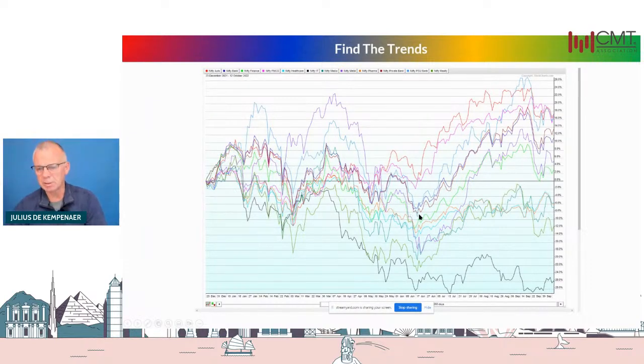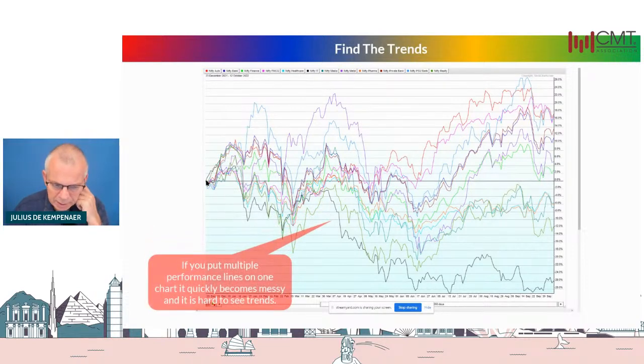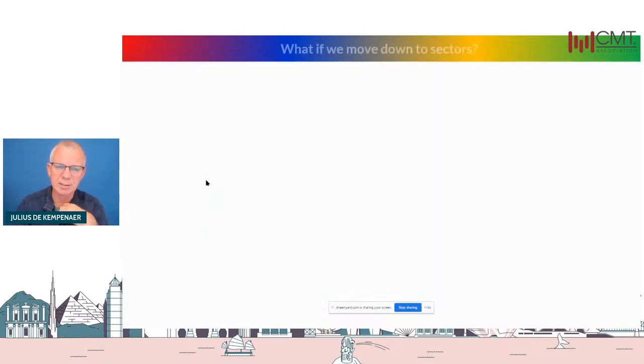So from this period onward, I would much rather have the finance index than the fast-moving consumer goods index. The problem comes from the fact that it is anchored in the past to a fixed date, and that makes it difficult to find trends, because trends are never fixed over the same period. As I say, it becomes messy and it's hard to see trends.